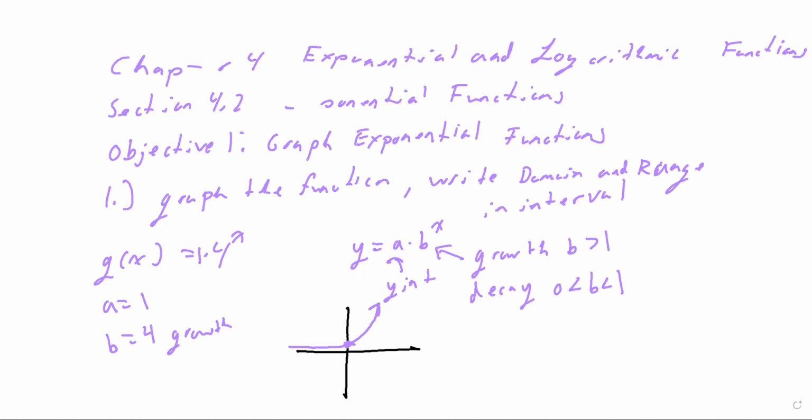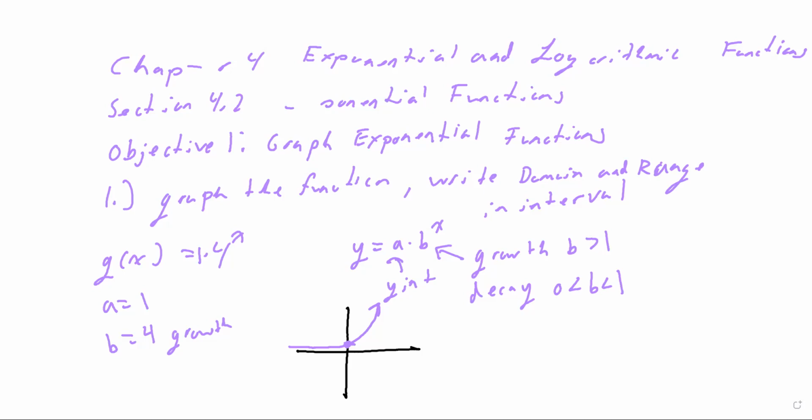Plug in 1, you get 4; plug in 2, you get 16, and then you'll be able to graph the function. Just like in the last section, there's probably a branch function you can plug in there. 1, yeah, that's the y-intercept. And after that, knowing it's a growth, I know it's going to look like that. Any questions?